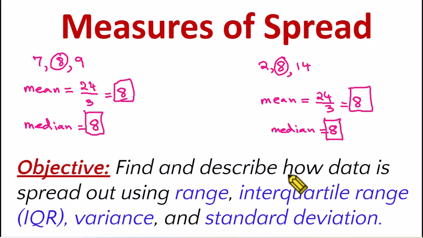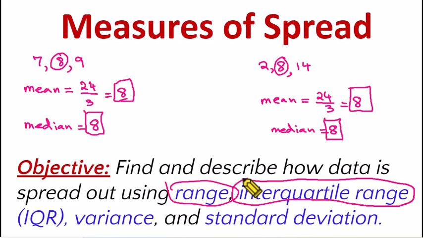And our objective for today is to find and describe how data is spread out using the following measures of spread. We're going to focus on range, and then on the interquartile range, also known as IQR, variance, and standard deviation.